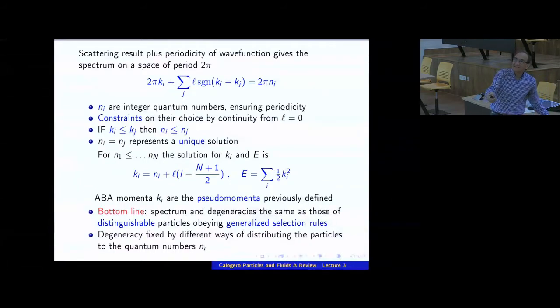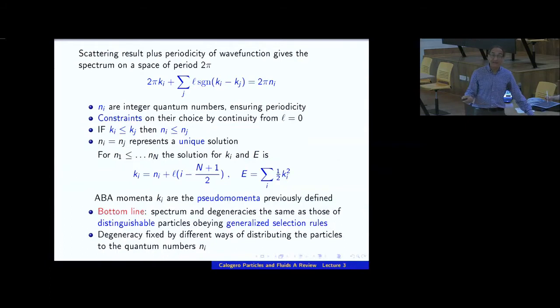And that same selection rule, if you wish, you continue using when L increases, and therefore you find out that your energy eigenstates and eigenvalues are fixed in terms of these n integer quantum numbers. The solution for the momenta for the Calogero model is like that, and the energy is, of course, the asymptotic energy, the sum of k_i squared. This is what we had found before.